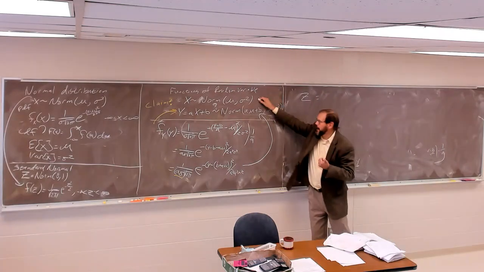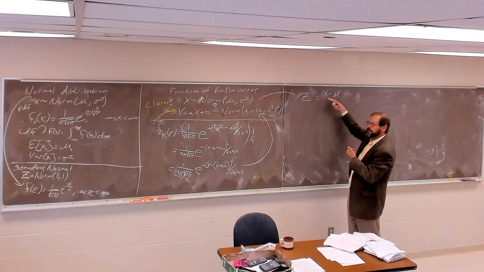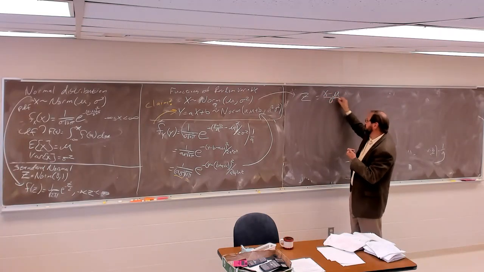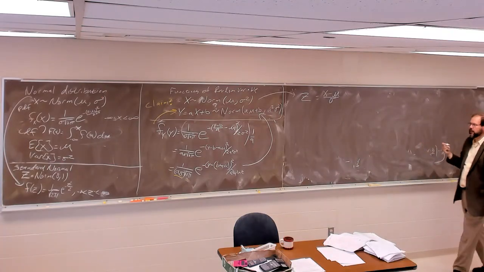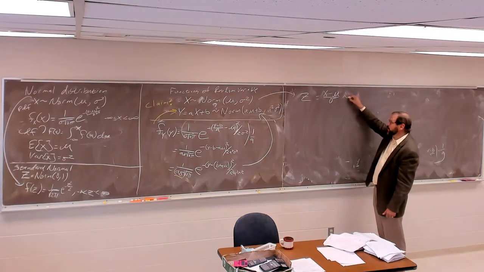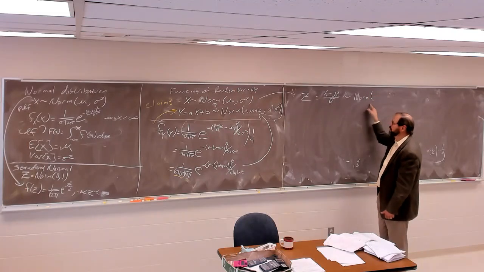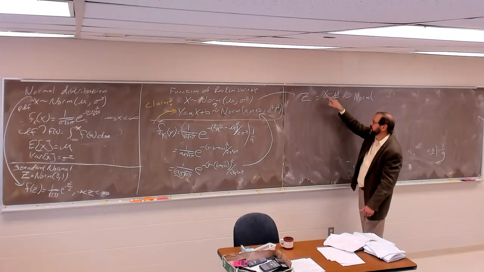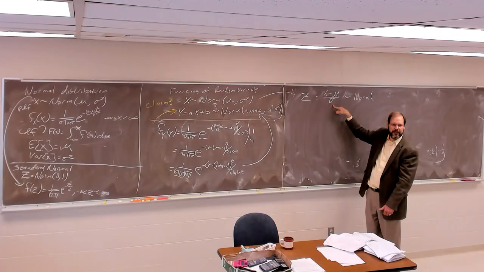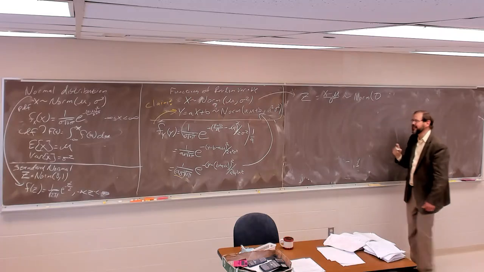I'll take my normal random variable, subtract off mu, and divide by sigma, which is the square root of sigma squared. I'll subtract off the mean and divide by what's called the standard deviation, which is the square root of the variance. If I do that, I'll now have a normal random variable whose mean is mu minus mu over sigma, and mu minus mu is 0, over sigma.